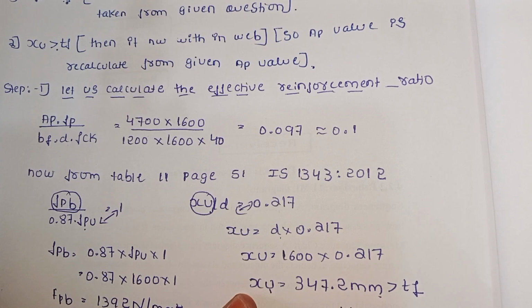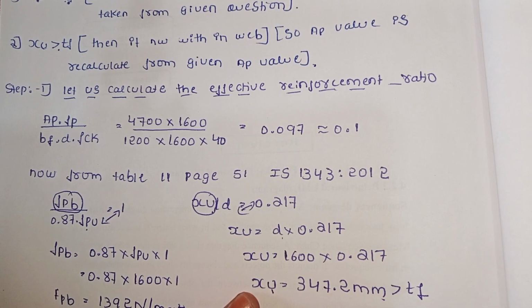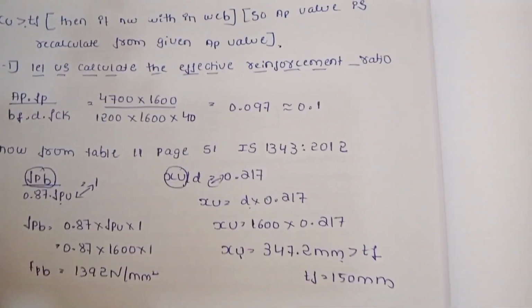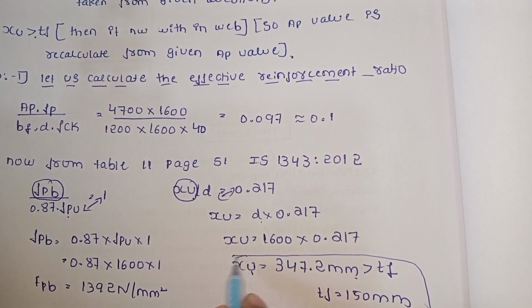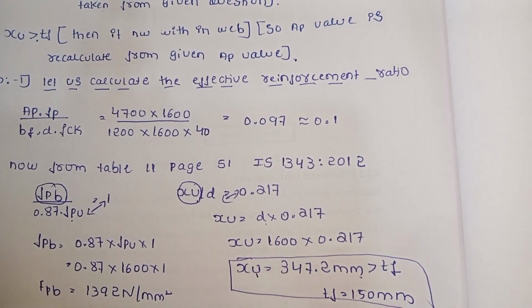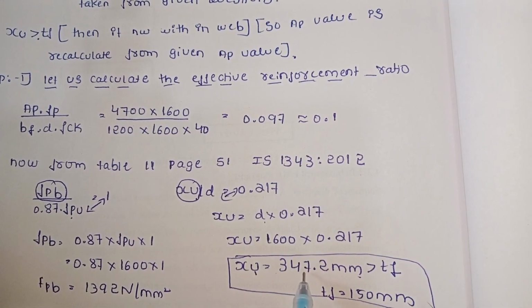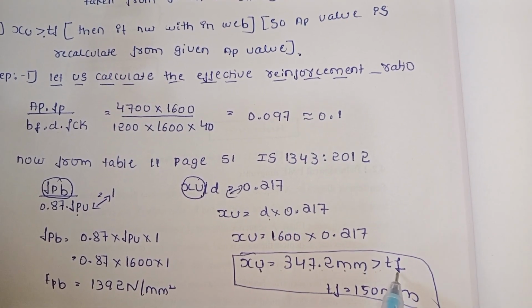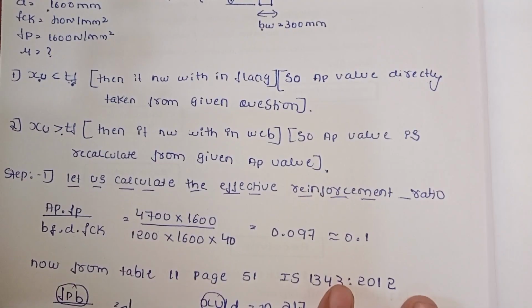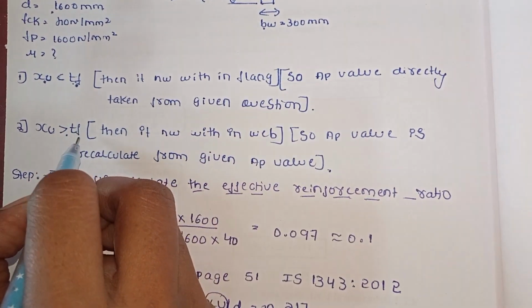Okay, now XU value is greater than TF value. TF equal to 150 mm. So XU equal to 347.2 mm. This is greater than TF, means it is condition number 2.